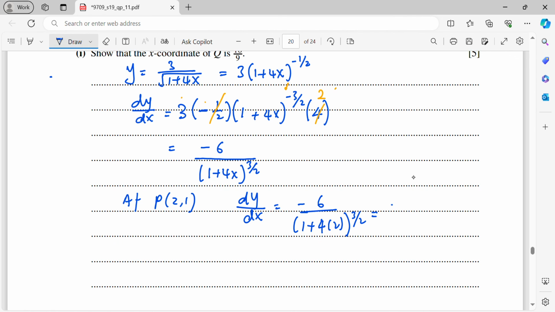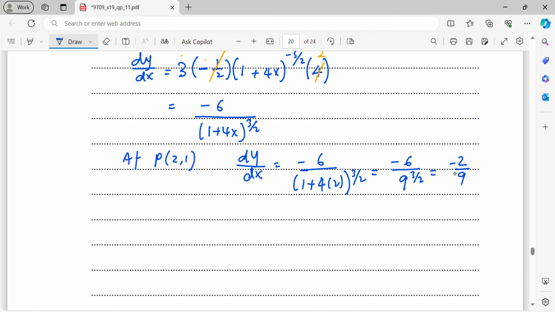Then this is going to be minus 6 over 4 times 2, 8. 8 plus 1 is 9. So 9 to the power of 3 over 2. That is going to be negative 2 over 9. Right, so we have found the gradient of the tangent. So gradient of tangent equals dy/dx equals negative 2 over 9.